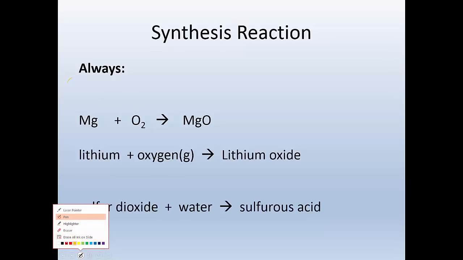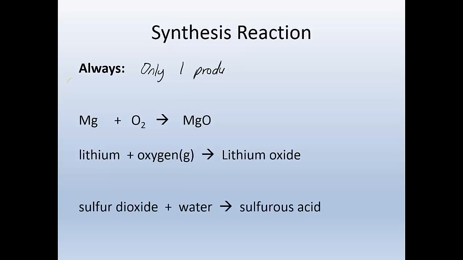So if I'm looking at the product on this one, it always has only one product. Okay, so when we said sometimes you can look at the reaction and know, that's what you can tell. If you look at something and there's only one product, one compound, and this one product has to be a compound, then you know it's a synthesis reaction.